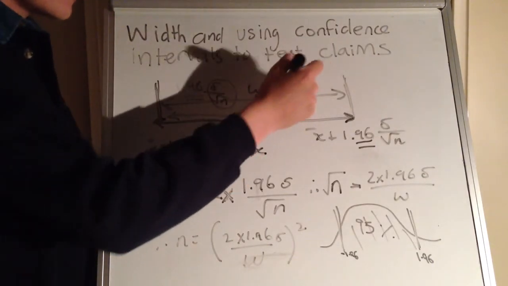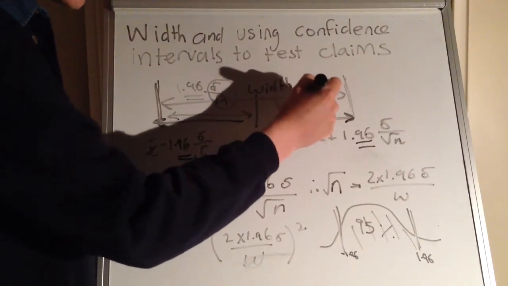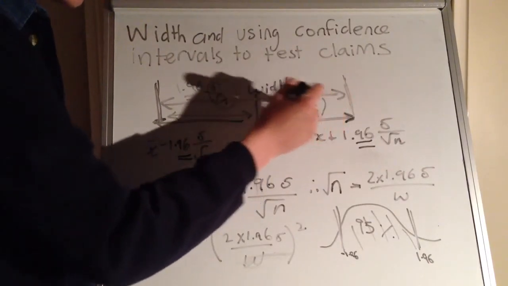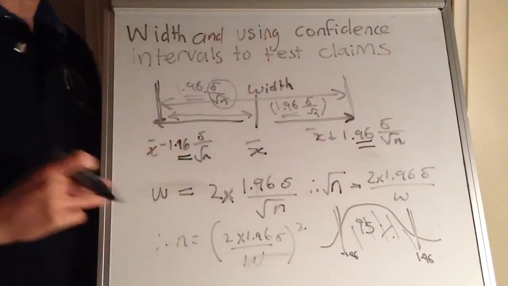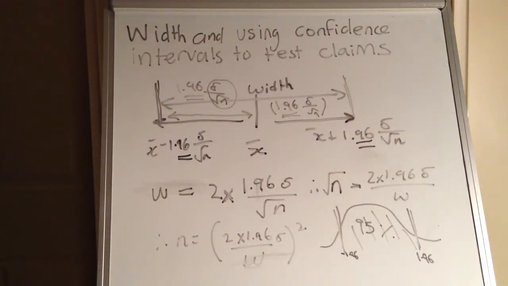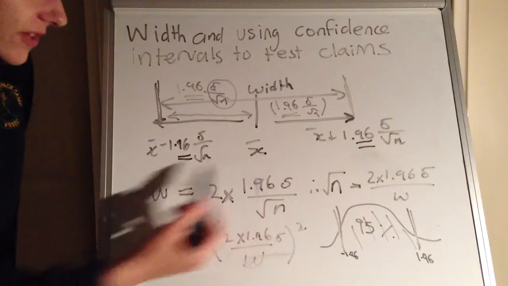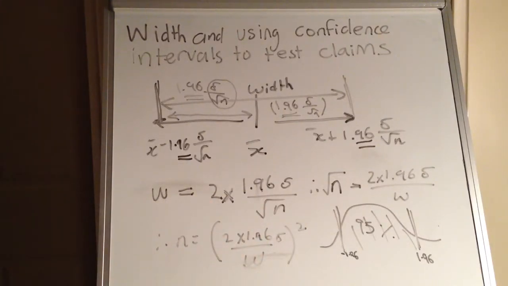And it's the same here, it's 1.96 sigma on root n. That's the width of it. It's 1.96 lots of the sample standard deviation, because again we're looking at the sample mean. So again you may know that to be the sampling error. But essentially it's talking about a distance, how wide something is. And there's two of them, one to the left and one to the right. So that's how I get what the width is. That should be reasonably straightforward.